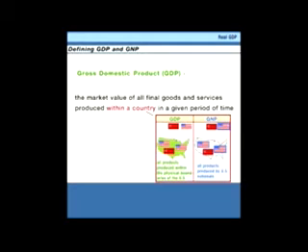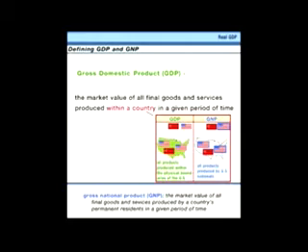So gross national product is the output of all U.S. nationals, wherever in the world they happen to be. The difference then between gross domestic product and gross national product is the difference between the output of U.S. nationals working abroad and the output of foreign nationals working in the United States.